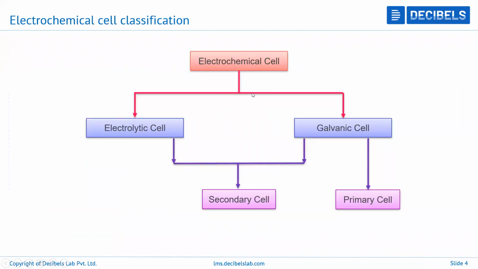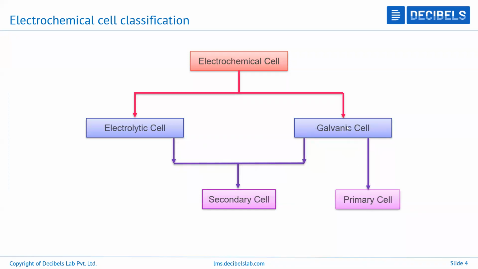So we can broadly categorize electrochemical cells into two segments. One is called an electrolytic cell, and one is called a galvanic cell. You might have heard of the scientist Luigi Galvani, and he's the one who introduced this type of cell, which utilizes chemical energy, or basically chemical compounds, to produce some amount of electricity.